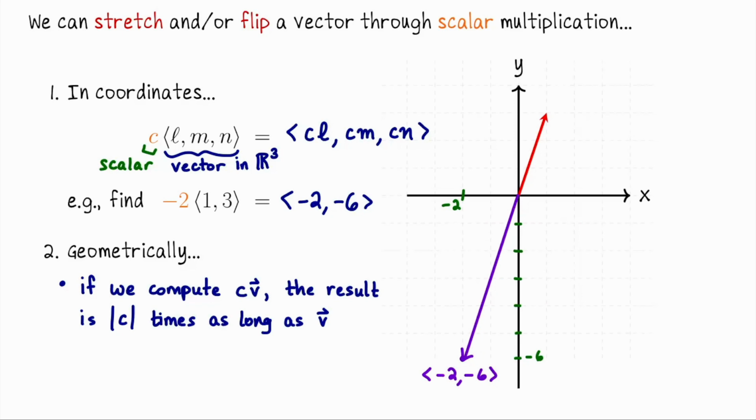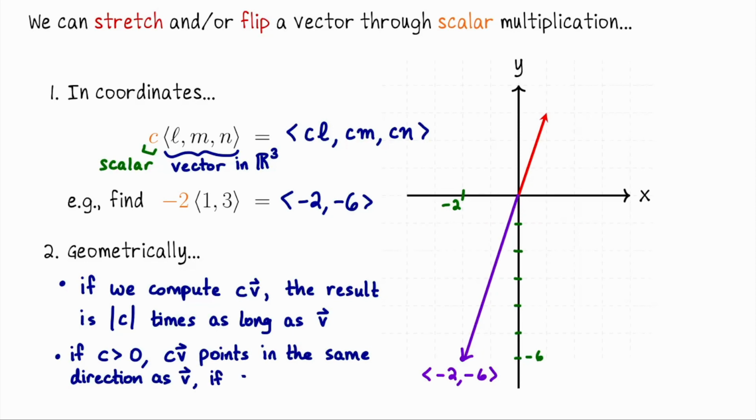So the first observation to make is that c tells us how long the new vector is if we just look at the size of c, the absolute value of c. And then the second observation is if c is positive, cv points in the same direction as v. If c is negative, then cv points in the opposite direction.